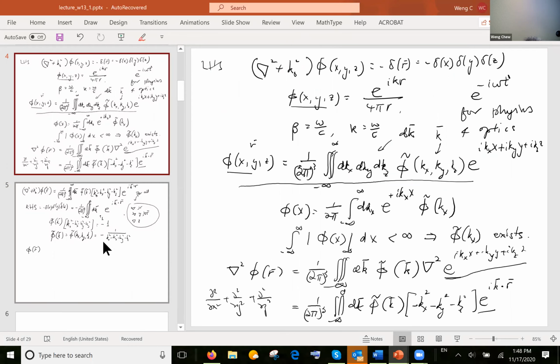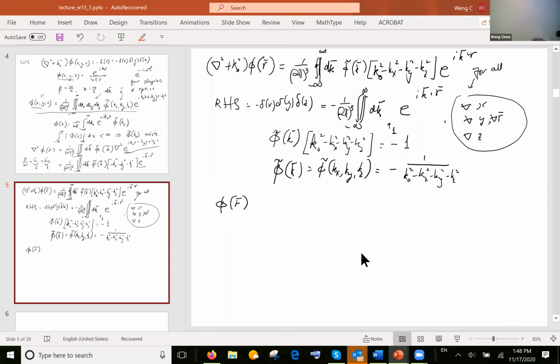Now I have an alternative solution that this thing must be equal to, according to what I have now: 1/2 pi cube, I'm just plugging it back into this equation over here, -1/2 pi cube, then the 3D integral, dk, using shorthand notation again.